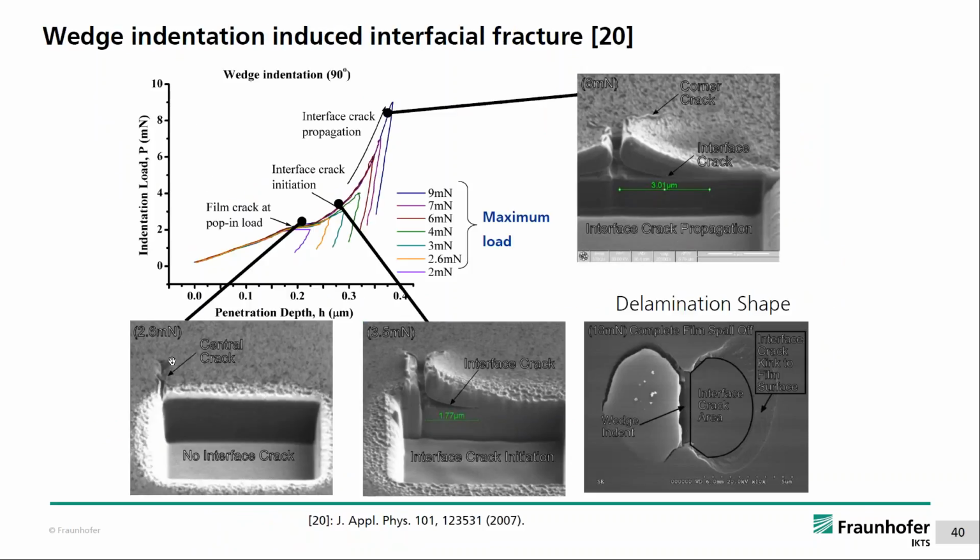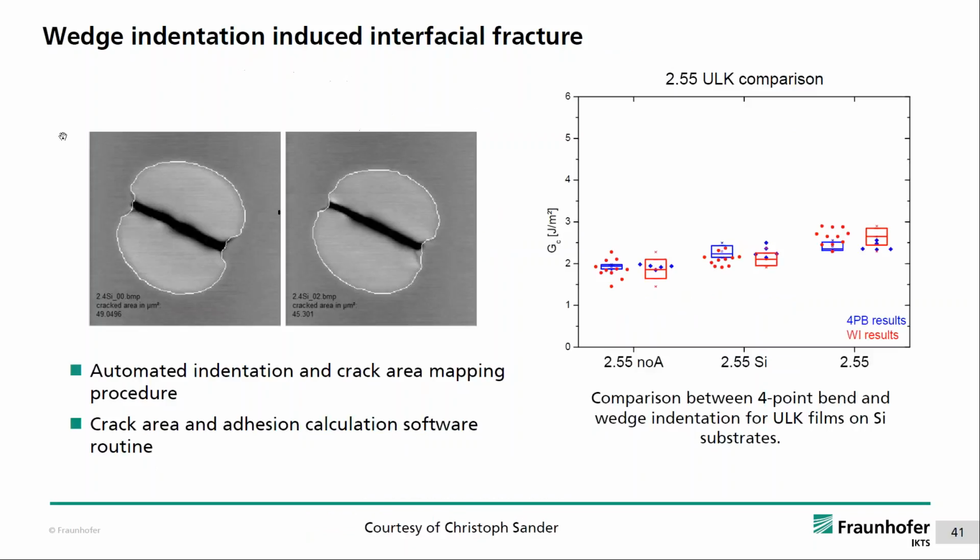This is how it's done. You press the wedge in the surface, and the deeper you put the wedge in the surface, the more you get an interfacial crack, and then you measure the surface of the crack, and from the removed volume in the indentation you get the G_c. This is the fracture toughness. This is how we do it. We do it with automated image correlation.